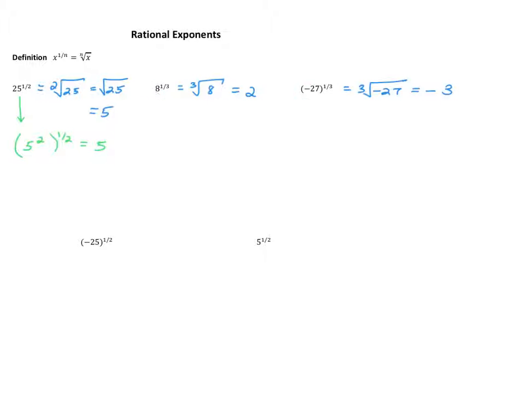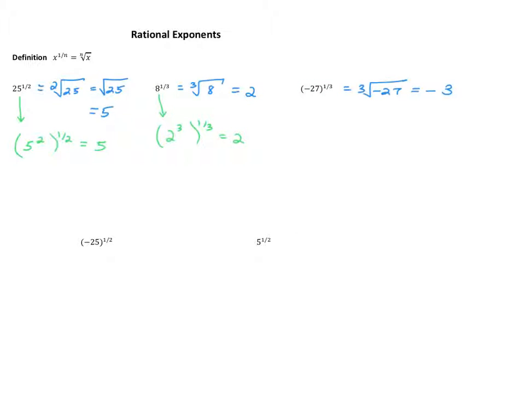Does this work for 8 and negative 27? It should. Like over here, I knew ahead of time that 8 is the same thing as 2 cubed. And if you raise that to the 1/3 power, we want 3 times 1/3 to equal 1, which gives us an answer of 2. So again, our answers are matching up. And it'll work for negative values as well.